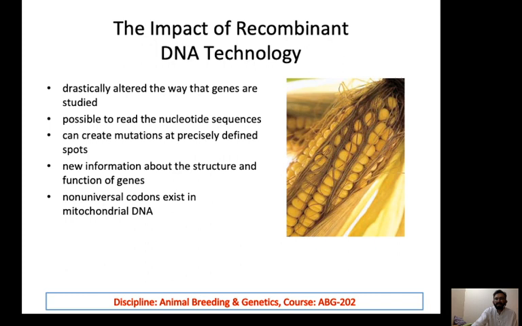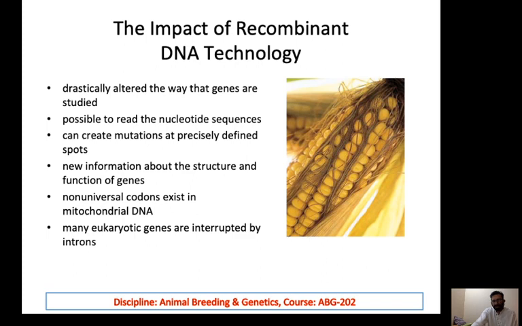Generally we have a universal codon for each amino acid, the building block of proteins, and these are triplets of three nucleotide bases. For example, ATG is for methionine. But other than these universal codons, some non-universal codons were identified with the help of recombinant DNA technology.